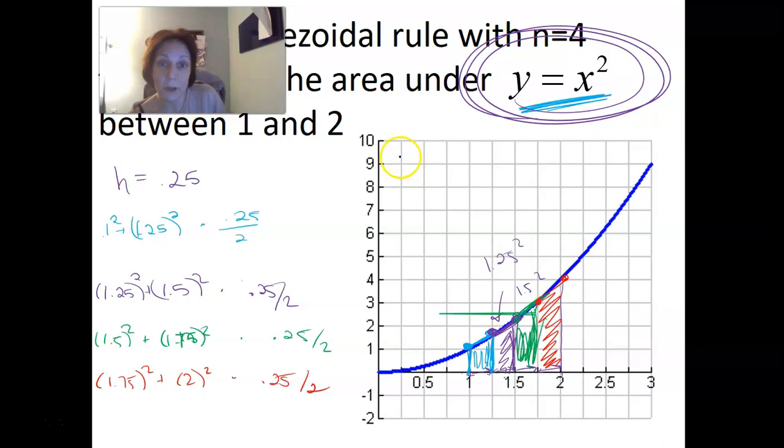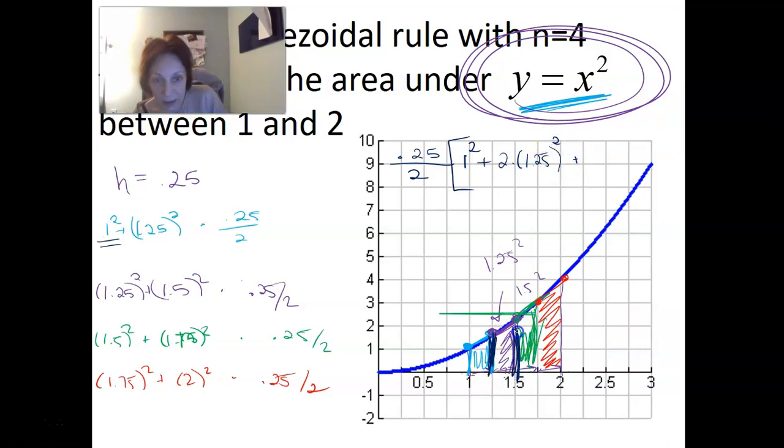So my formula will then start with my height divided by 2. And I'm going to open a big fat bracket. My first height, f of 1, only got used once. 1.25, this height right here, got used twice. Once for the blue and once for the purple. So 2 times 1.25 squared.